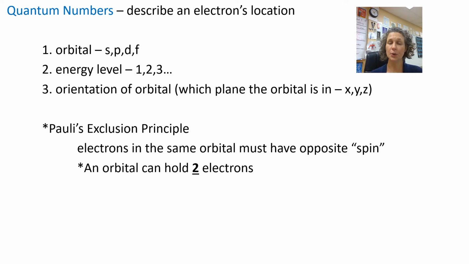One thing to know is Pauli's exclusion principle, and he determined that electrons that are in the same orbital have to have opposite spin. And that is because they're both negative. You have 2 negative electrons, and so you don't want that. They won't travel together. They will be pushing each other away the whole time because both have negative charges.